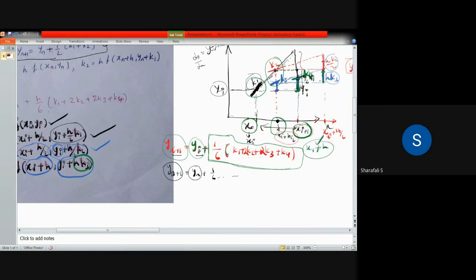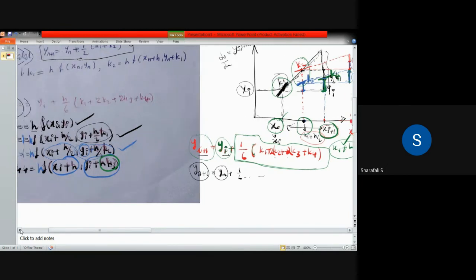Okay, so we are considering the slope at the initial point and the slope at the midpoint, and taking the weighted average of all those things and adding it to this y, so that it will be much more accurate. Okay, so this is just the theoretical part, but we don't have to look much into that.